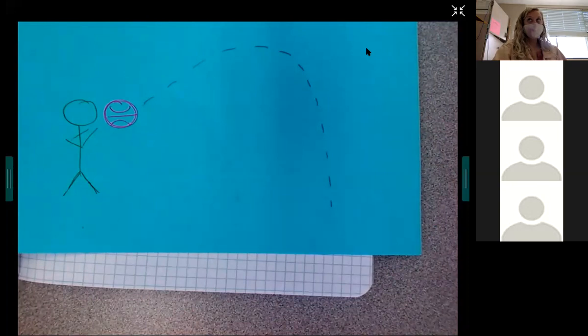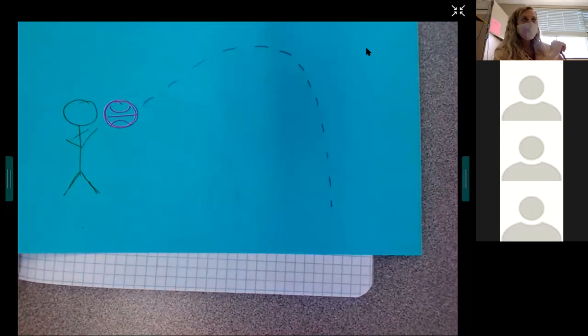Let's say it takes the ball 3 seconds. That sounds about right. 3 seconds to land back on the ground. Did everybody hear me say that? Is the domain of this real world problem going to be negative infinity to positive infinity?